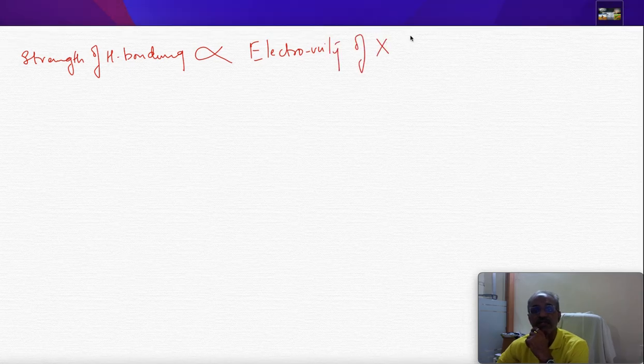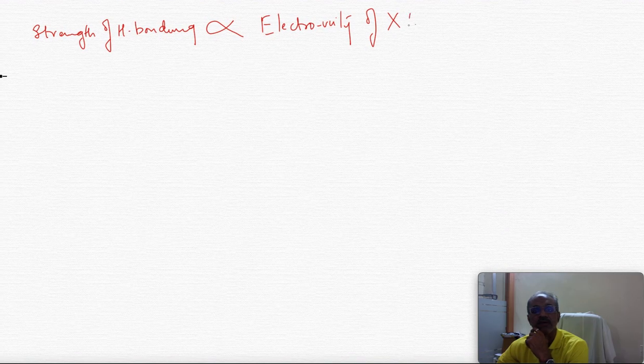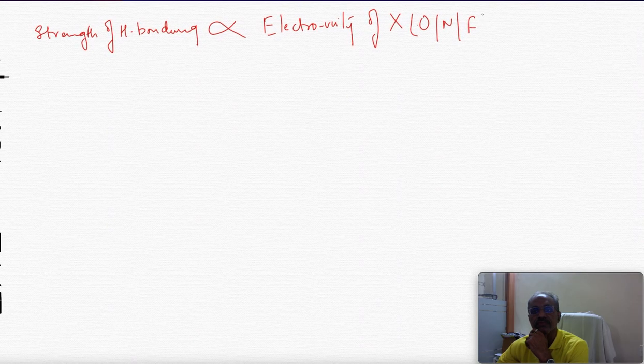Strength of hydrogen bonding is directly proportional to the electronegativity of X, where X is either O or N or F. More the electronegativity, more the hydrogen bonding.